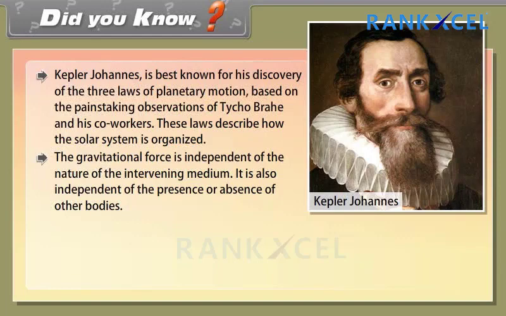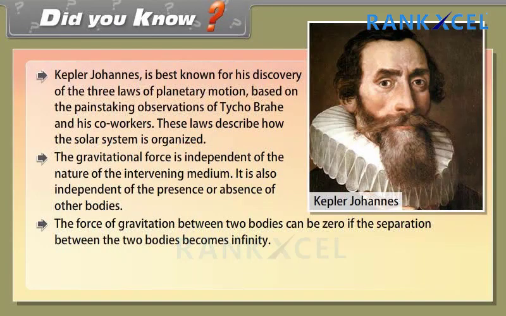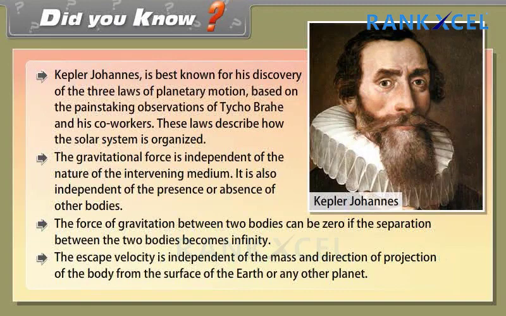It is also independent of the presence or absence of other bodies. The force of gravitation between two bodies can be zero if the separation between the two bodies becomes infinity. The escape velocity is independent of the mass and direction of projection of the body from the surface of the Earth or any other planet.